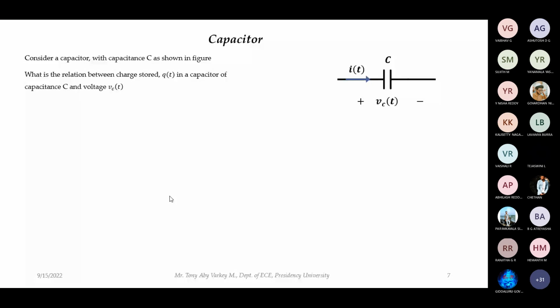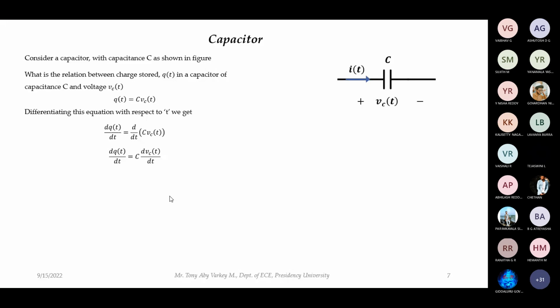Here I am saying it is a time-varying charge. So Q of t, the capacitance C is a constant, and then Vc of t is the voltage across the capacitor. Now, if I differentiate this equation with respect to time t, what will I get? dq by dt is equal to d by dt of C Vc of t, which can be written as dq by dt is equal to C into dVc of t by dt.